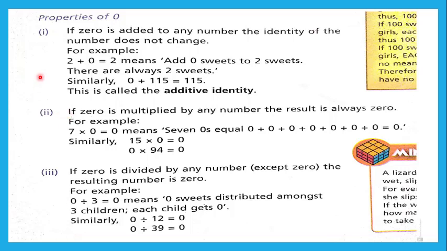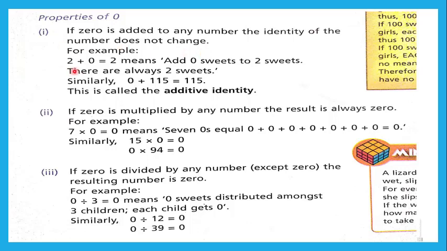Now there are certain properties of 0. The first one: if 0 is added to any number, the identity of the number does not change. Whether the number is small or big, adding 0 doesn't change the original number.